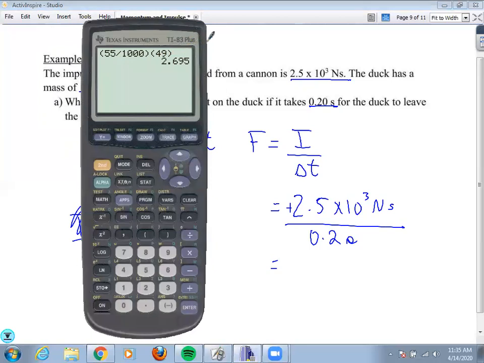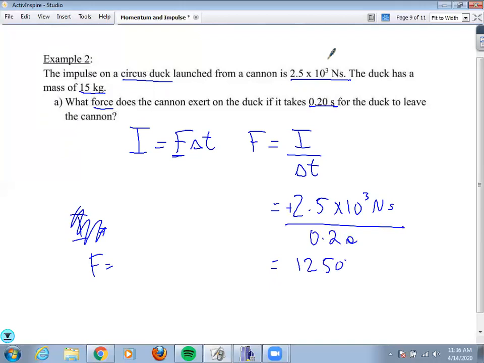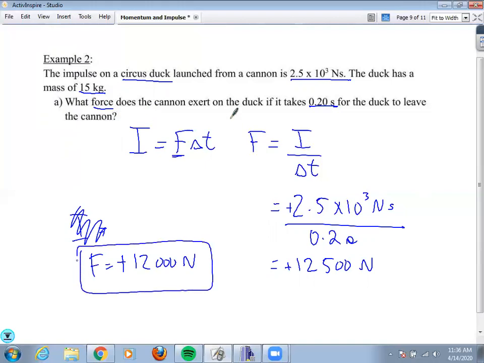So we take 2.5 times 10 to the 3, divide that by 0.2, and you get 12,500 newtons. And I believe for 2 sig figs, positive 12,000 newtons would be the force applied to the circus duck.